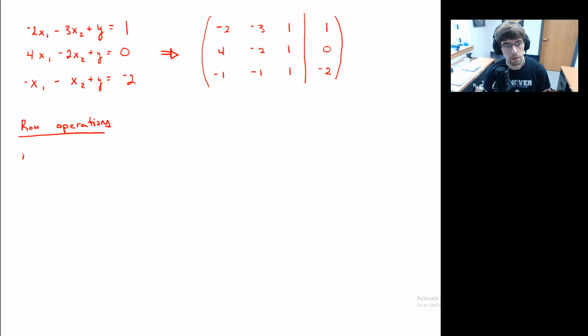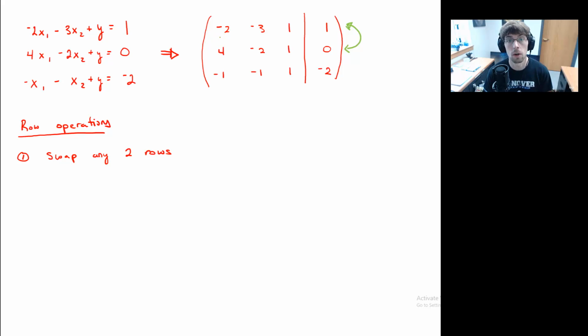So number one, when I'm dealing with row operations, I can swap any two rows. In other words, if I want, at any point in time, I can exchange any two rows. Say I don't want the first row. I don't like it for some reason.